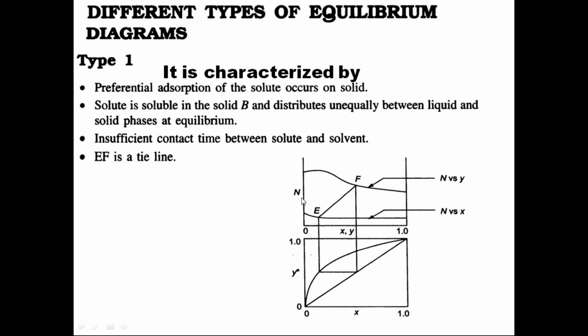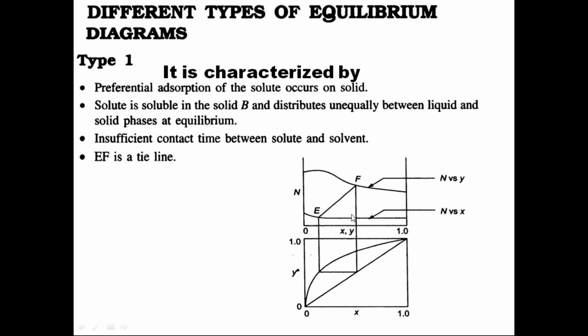So that can be represented by this. If you have any mixture point, it will be divided into two different end points. One is called the effluent, and another is F, which is called the slurry. Slurry is the underflow, and this is the overflow. Overflow will have this much concentration, underflow will have this much concentration.